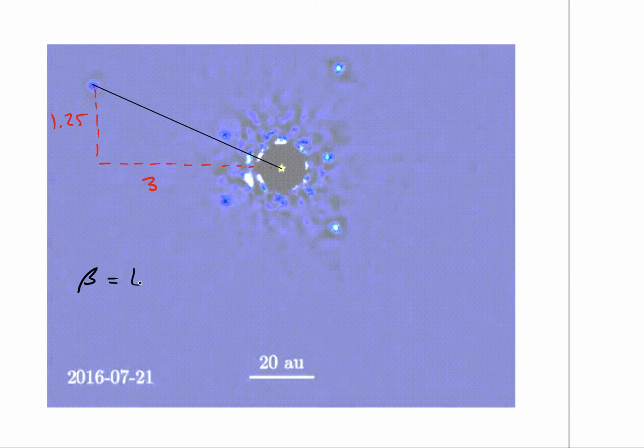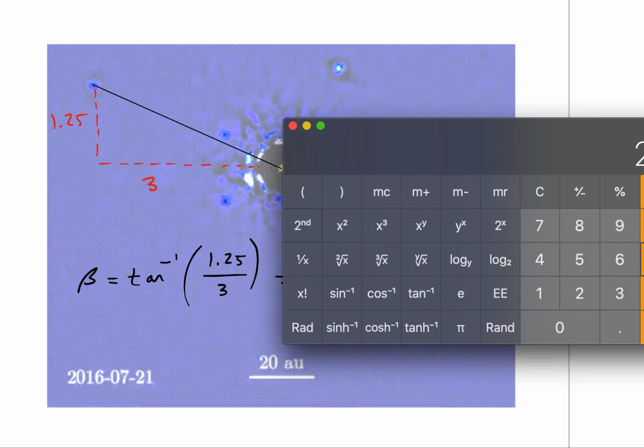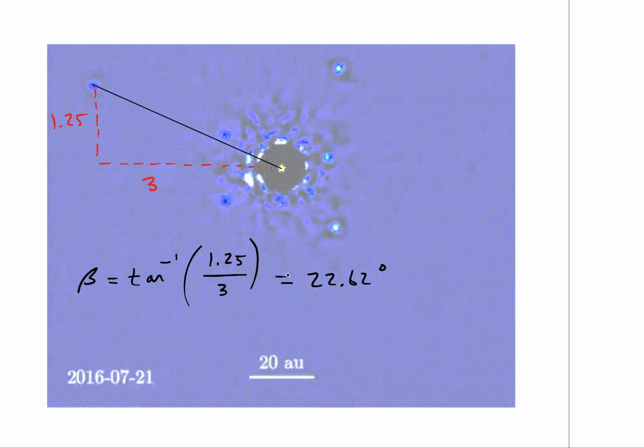So here our angle will be 22.62. 180 minus that, 157.4. But I'll change it to 157 plus or minus 5 perhaps.